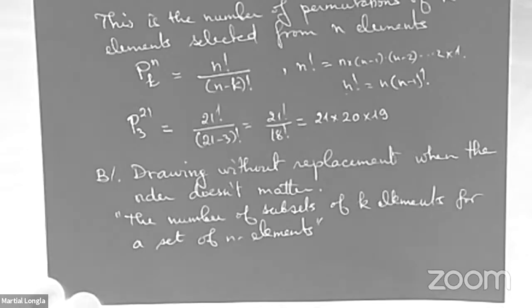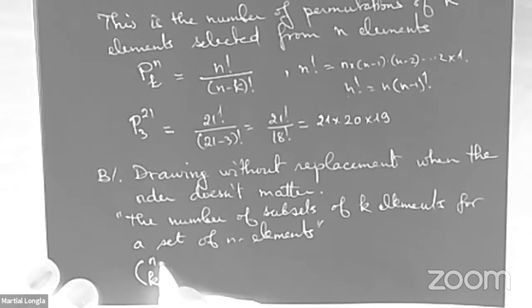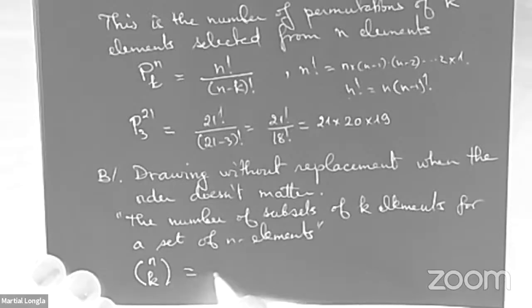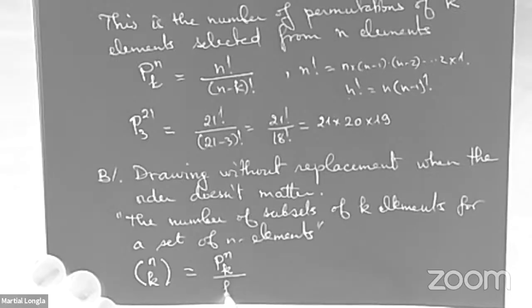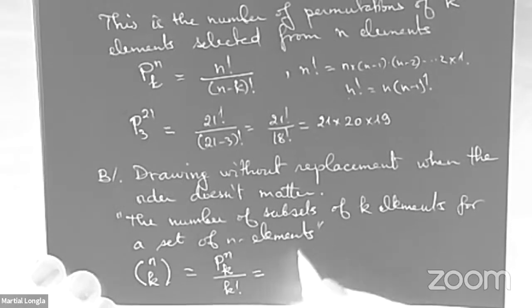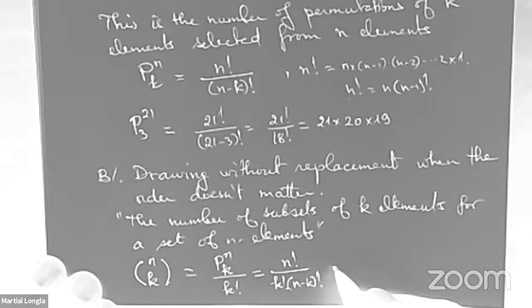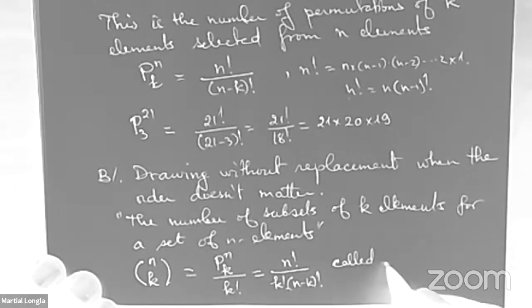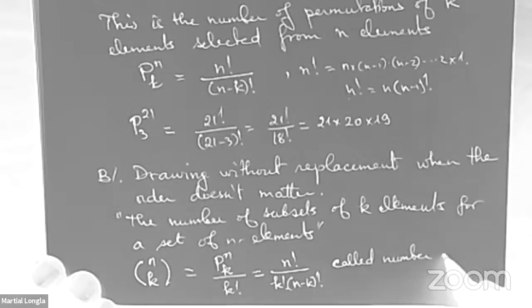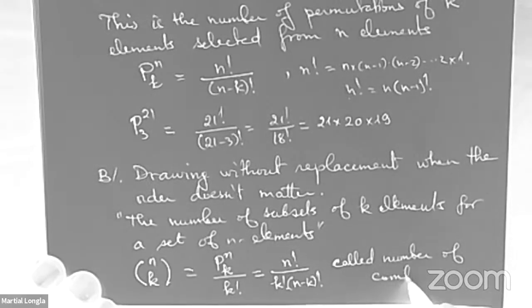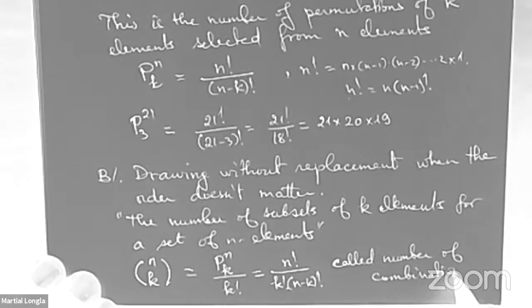And so the notation is choose k out of n, which I just said is the permutations divided by k factorial. And so that is n factorial over k factorial times (n minus k) factorial. Called the number of combinations of k out of n.